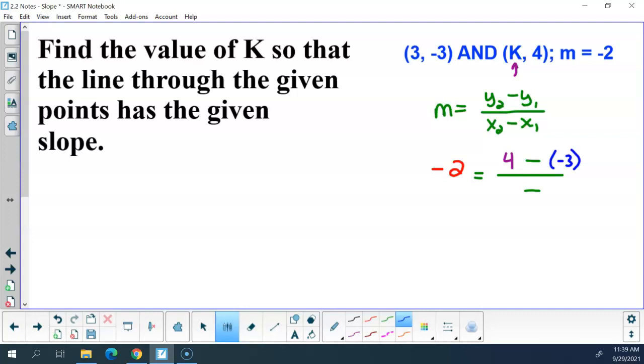Okay. Bottom then is what? K minus 3. Yes? Okay.